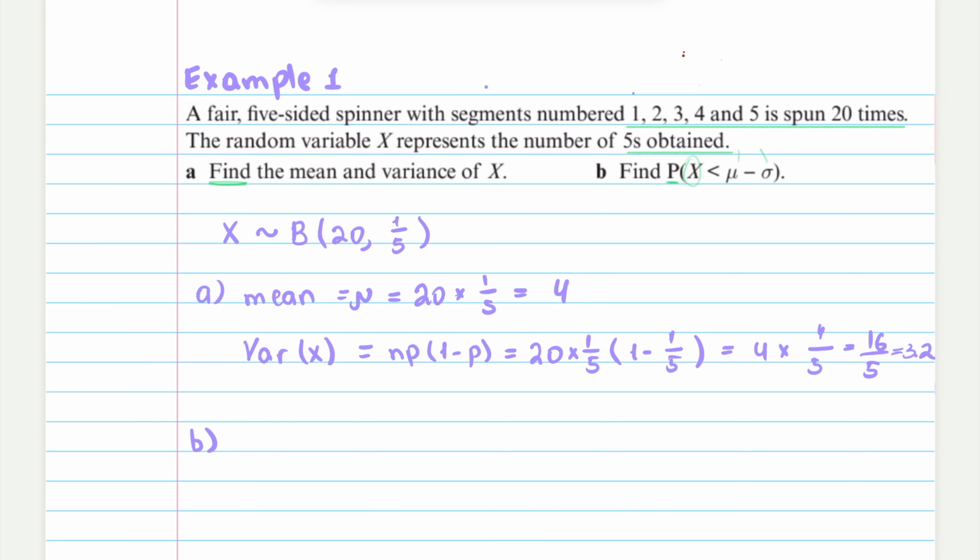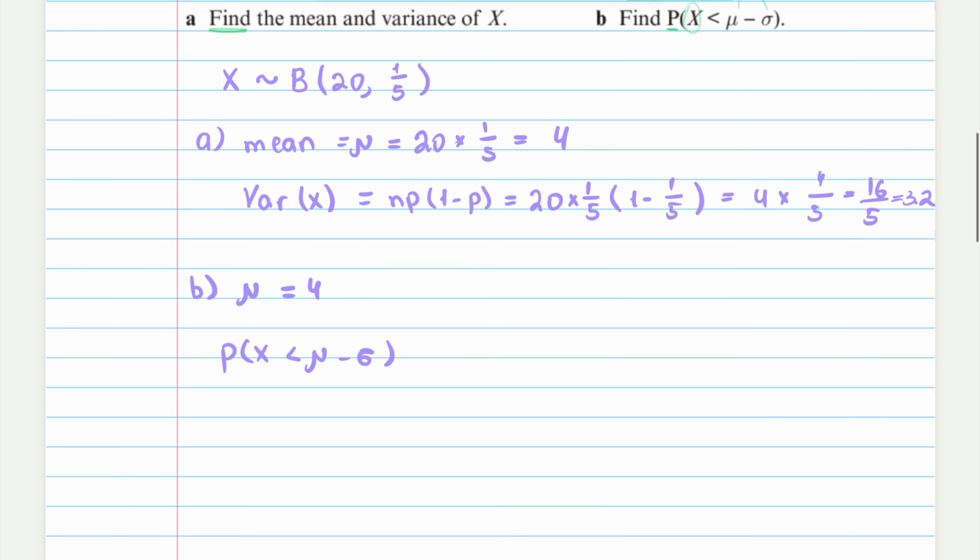In part B, we need to calculate the probability of X being less than mu minus sigma. To do this, we need to know what mu is. We already worked out mu. Mu is equal to 4. That's the mean. Sigma, on the other hand, is the square root of the variance. The standard deviation: we calculated the variance, sigma squared, as 3.2.